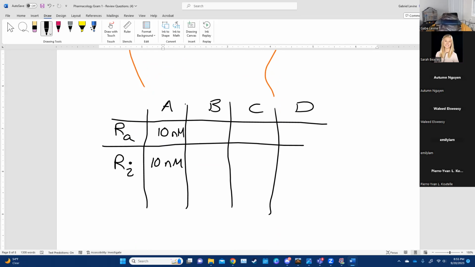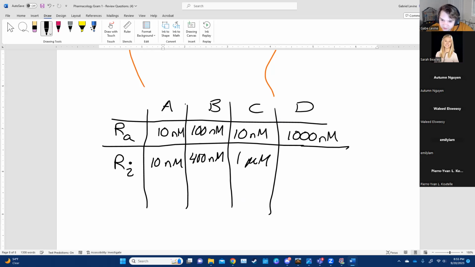We have 100 nanomolar, 400 nanomolar. We have 10 nanomolar and 1 micromolar. And we have 1,000 nanomolar and 10 nanomolar.